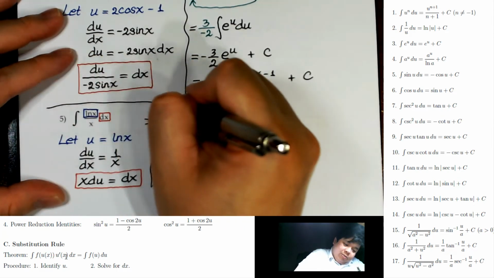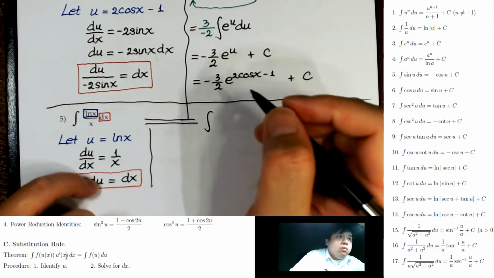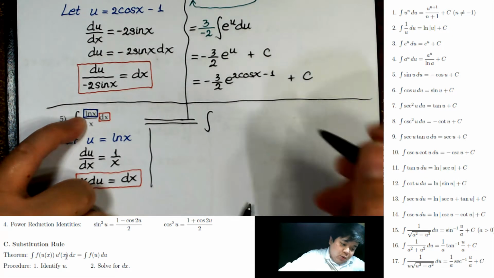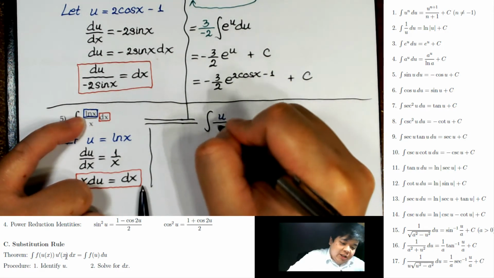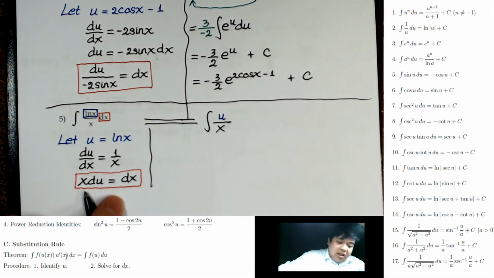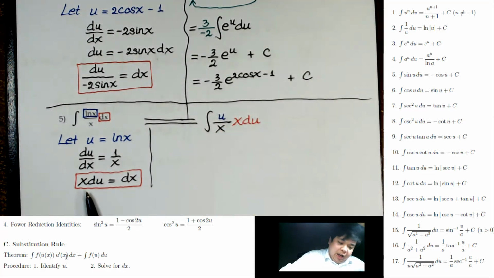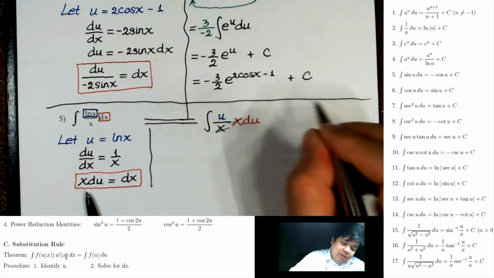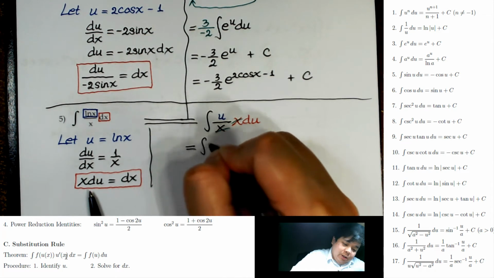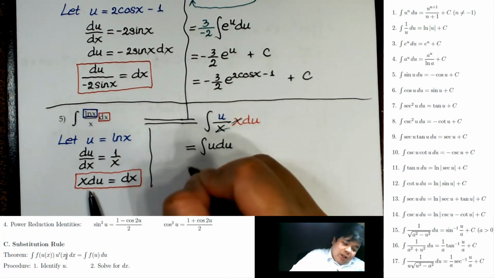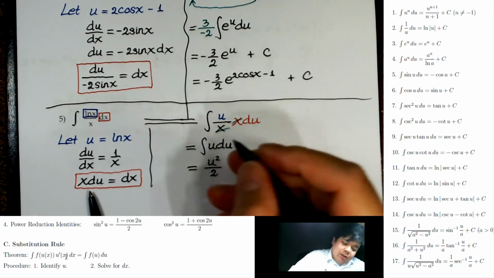So now we have ln of x, that's going to be u, over x. dx is x du. x and x cancel out. Just have u du. The integral is going to be u squared over 2 plus c.